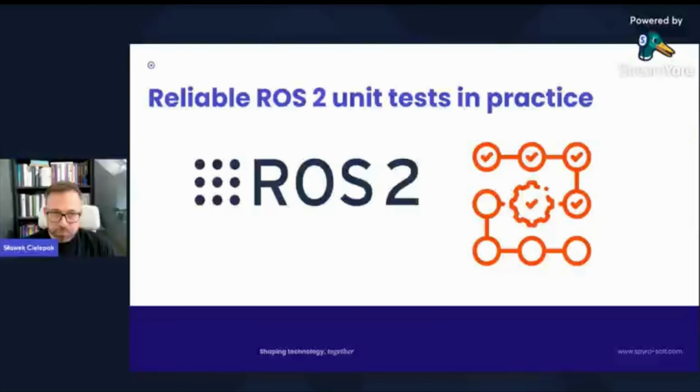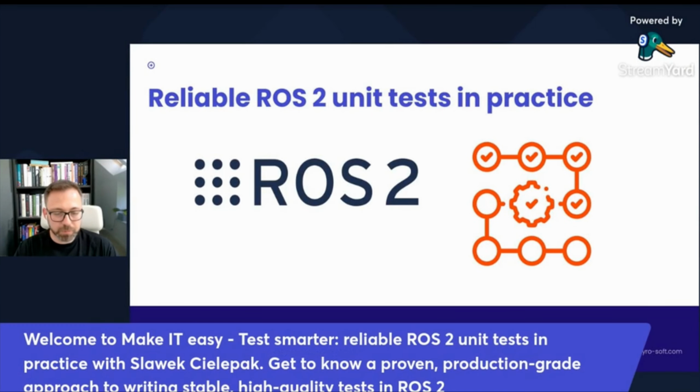My name is Sławek. I'm a C++ and robotics programmer working for Spirosoft, and as a group, we are partners of Open Source Robotics Alliance, working in different areas of robotics using ROS and ROS2. Today's topic will be about the challenges of testing ROS2 nodes, how tests are typically written, and how we can make them more robust and reliable.